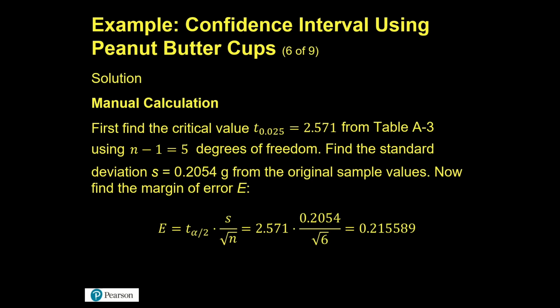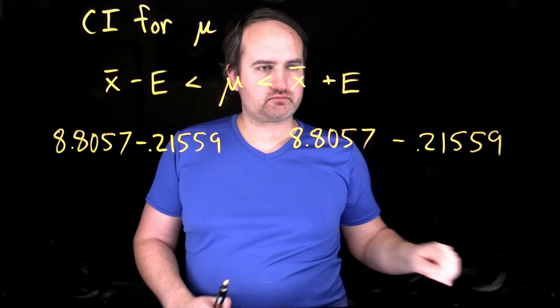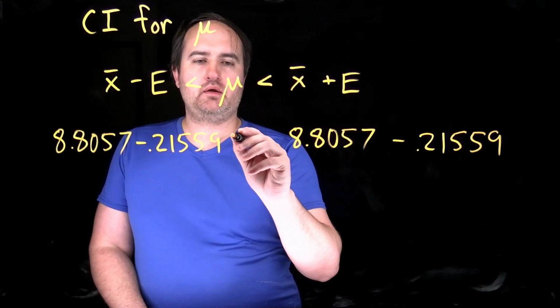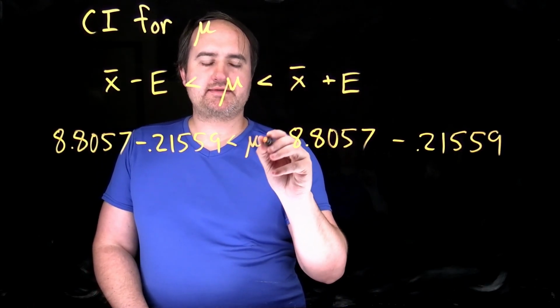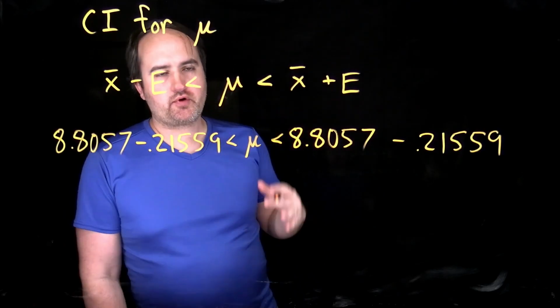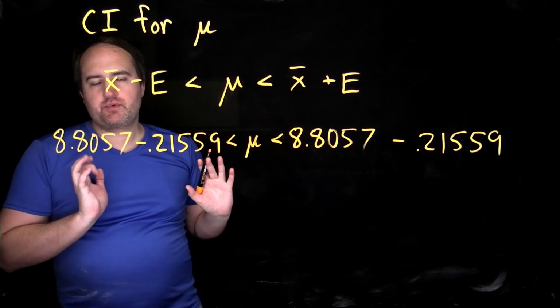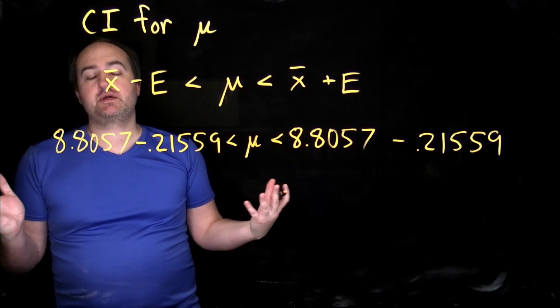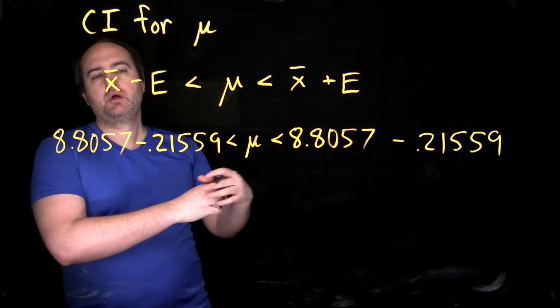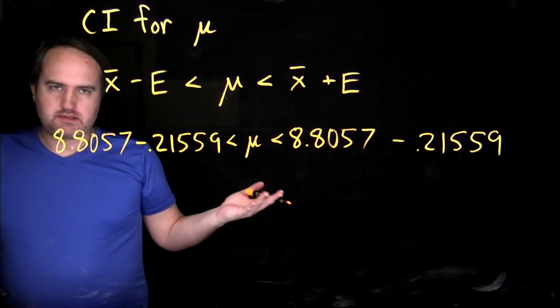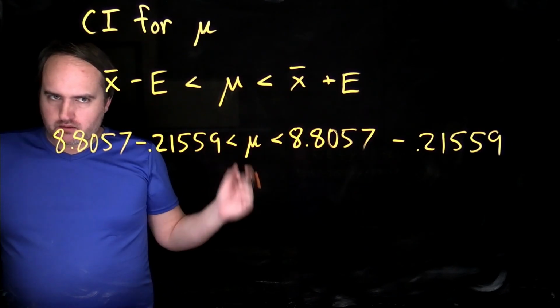The reason we're writing so many digits is you don't want to round until the last step, just to avoid rounding error. You don't want to round each of these individual numbers. You only want to round once you get down to a single number. It's the same process that we did in the last video.